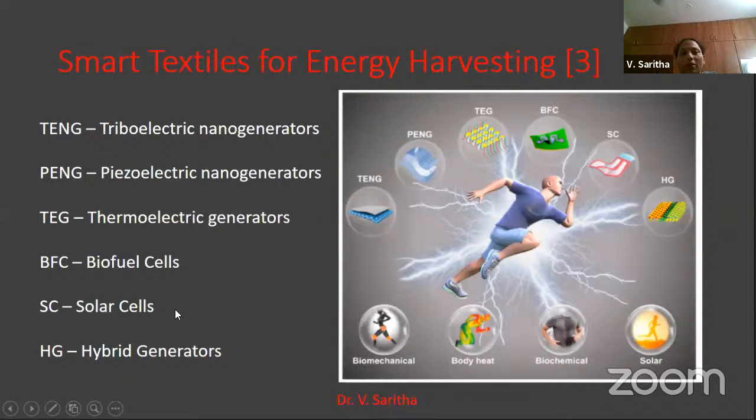These will be incorporated into the textiles in order to generate any one of these kinds of energy. Using this energy, the devices or equipment in the textile get the power and automatically get charged. So manually we need not charge them.